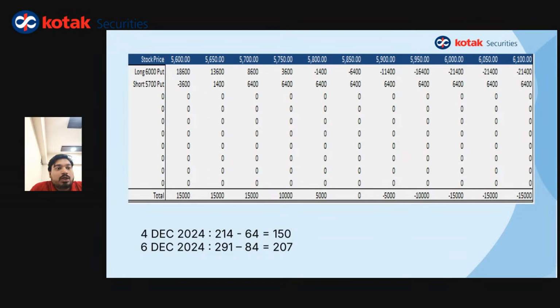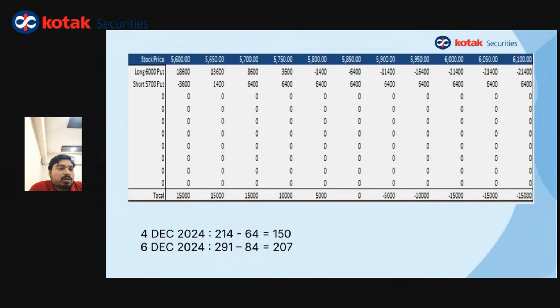Now if you see the net difference, if you would have entered the strategy and closed it at the end of the day on the 6th of December, you might have got more profits during the intraday, but I'm just taking the closing, since as I mentioned, it's difficult to fetch the historical intraday data for options.